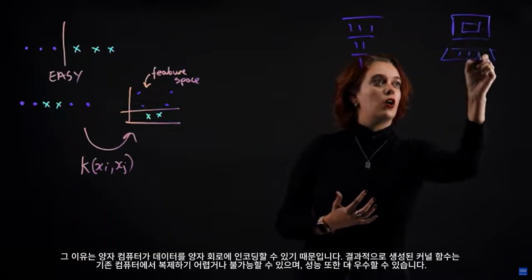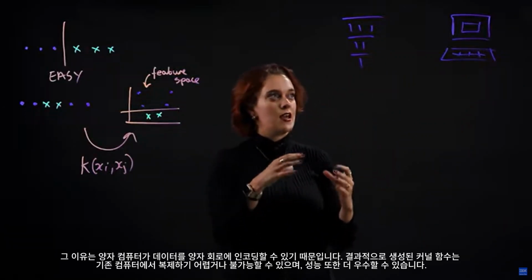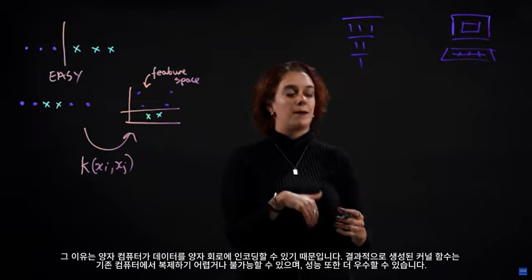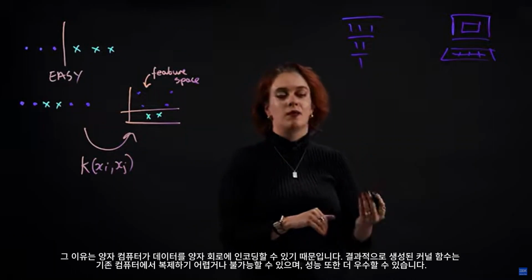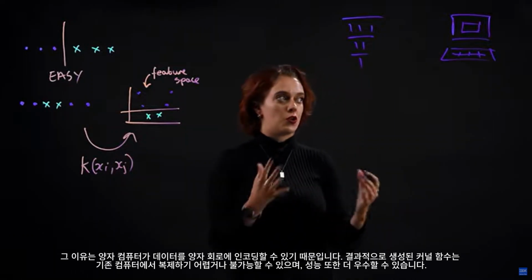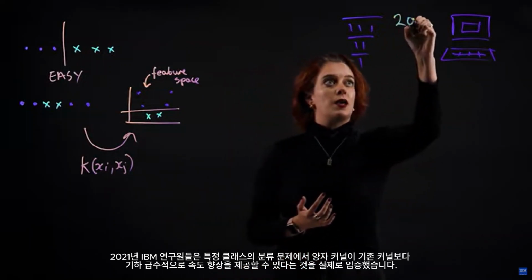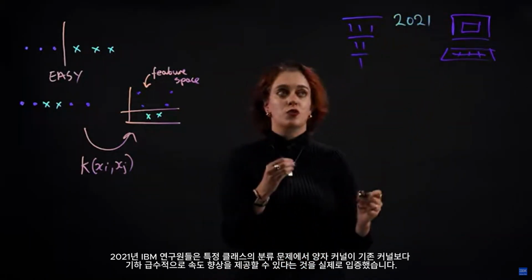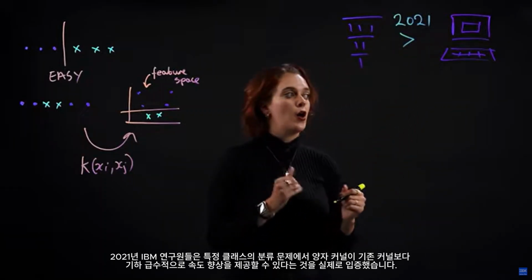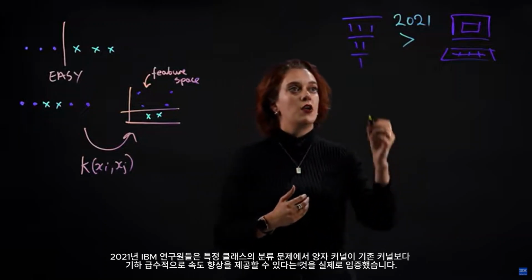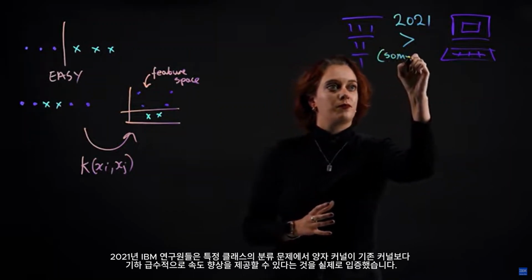And they can do this because with quantum computers we can encode our data into quantum circuits, and the resulting kernel functions could be very difficult or even impossible to replicate on a classical machine. As well as this, those kernel functions can also perform better. In 2021, IBM researchers actually proved that quantum kernels can provide an exponential speedup over their classical counterparts for certain classes of classification problems.